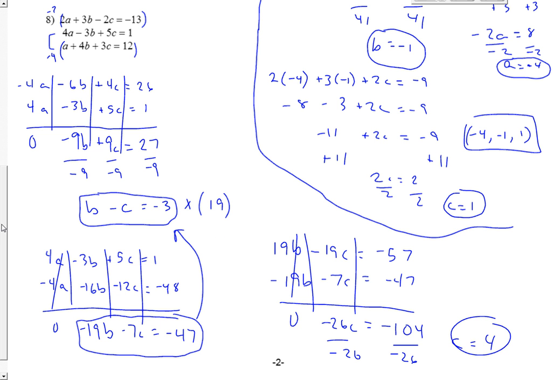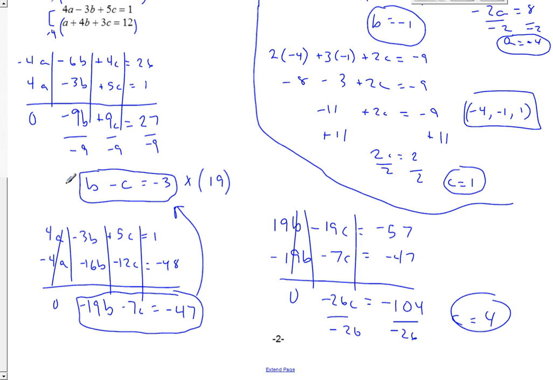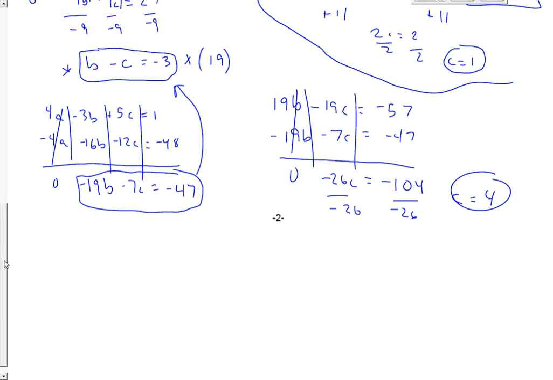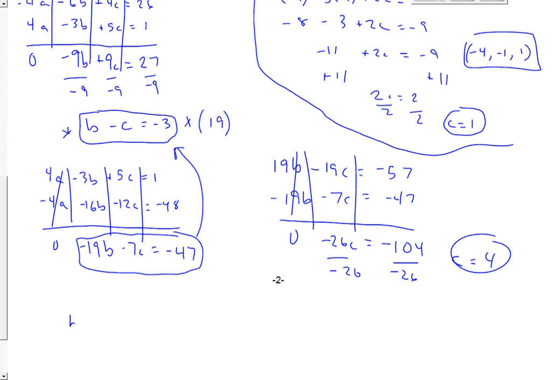Now I could take the c equals 4 and plug that in to my b minus c equals negative 3. So b minus the 4 equals negative 3. I add the 4 and get b equals 1.